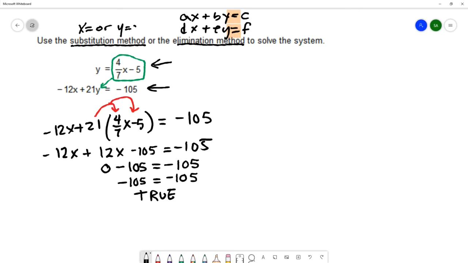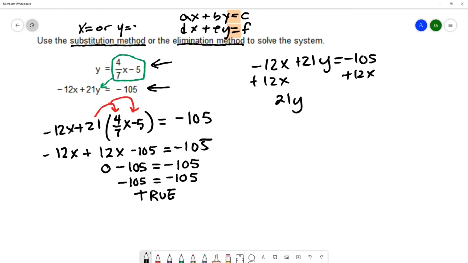I can show that if I take the second equation, negative 12x plus 21y equals negative 105. If I take that second equation and I solve for y, I'm going to add 12x on both sides. That's 21y equals 12x minus 105. And then I divide by 21 on both sides. That's going to give y equals, I would reduce that 12 over 21.